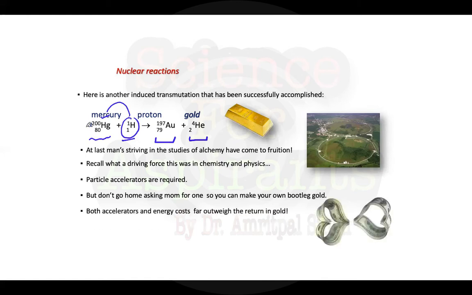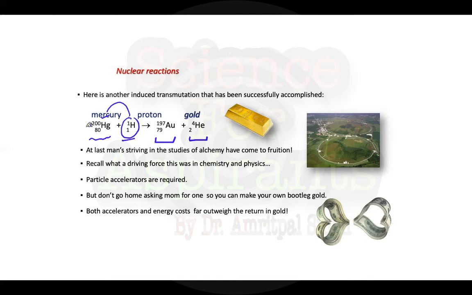Therefore the accelerator and the formation of high energy accelerators and detectors is very costly compared to the price of gold. So it is not an easy task to generate gold.